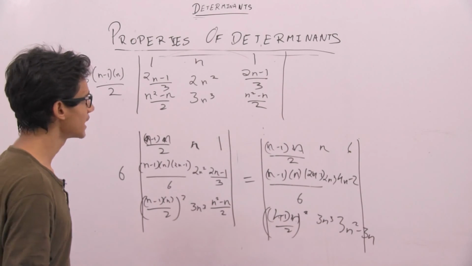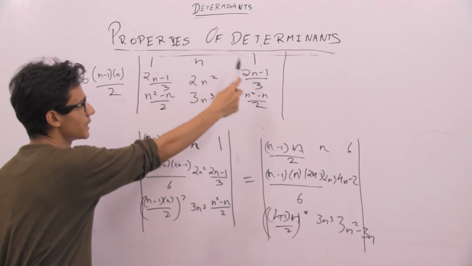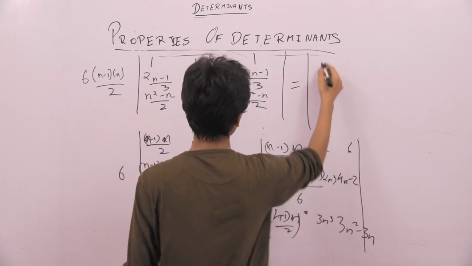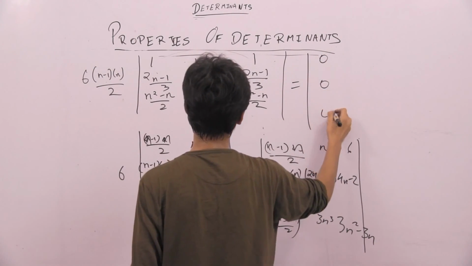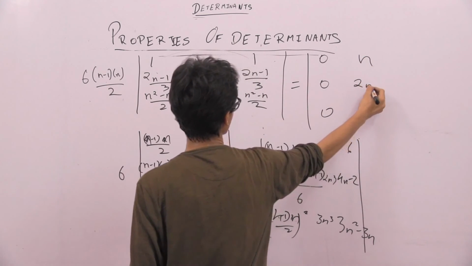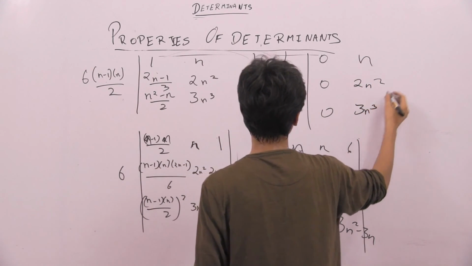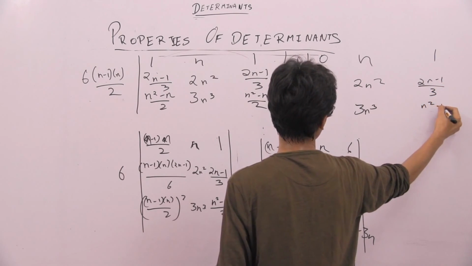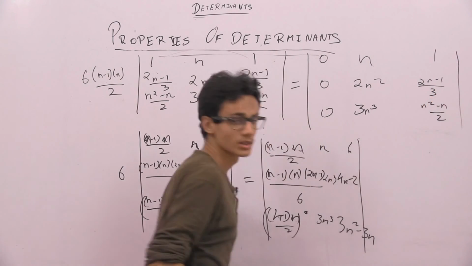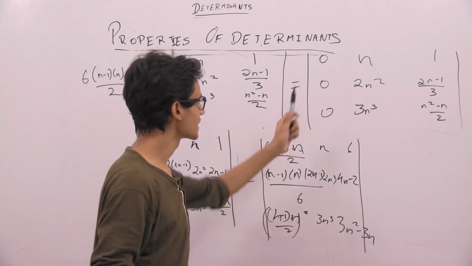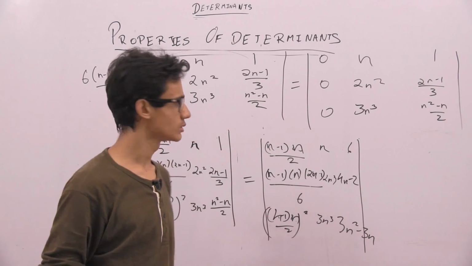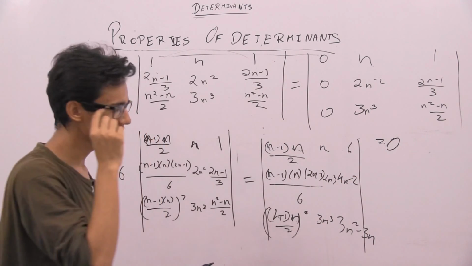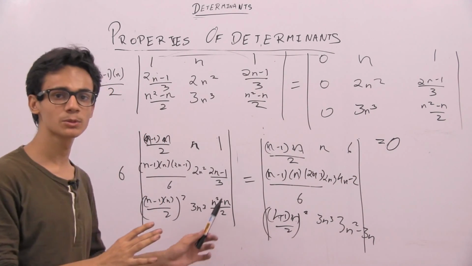Or we can also apply the property that applying C1 minus C3, we will get the determinant with a column 0 0 0, n, 2n square, 3n cube, 1, 2n minus 1 by 3, n square minus n by 2. So there is a column in this determinant which has all the values being equal to 0. So the value of this determinant is 0. So basically we have found the summation coming up to be 0.